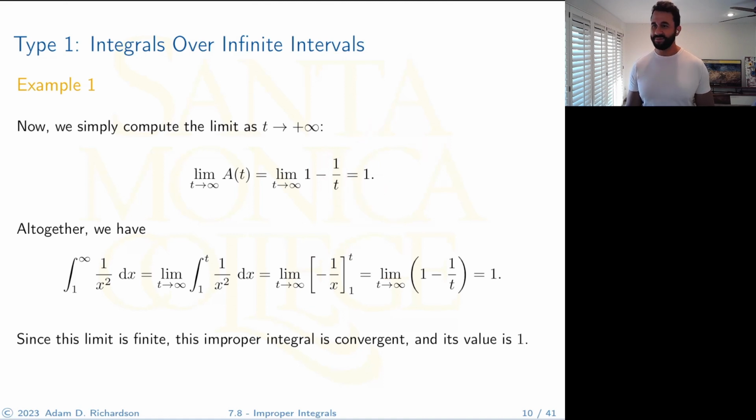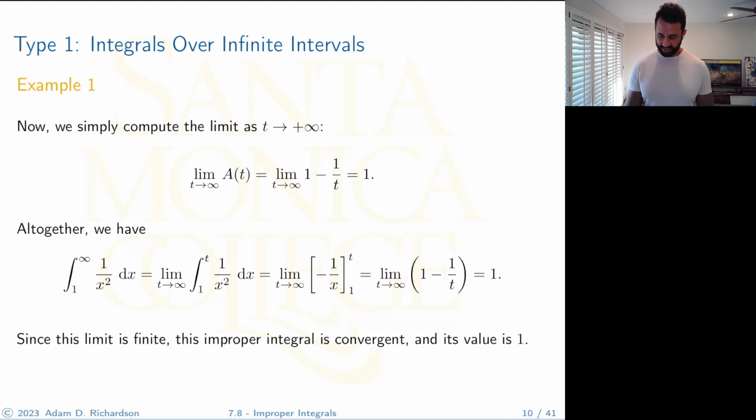So as wild as it might sound, the area under this curve from 1 to infinity is the limit as t goes to infinity of the area under these curves. But the area under these curves is given by this, and we just found out that that limit is equal to 1. So the area under this curve is equal to 1. That's right. The limit is finite. The integral is therefore convergent, and it converges to the value 1.